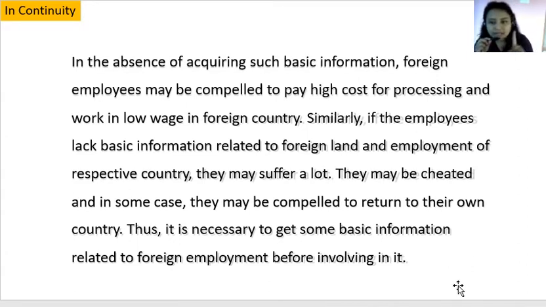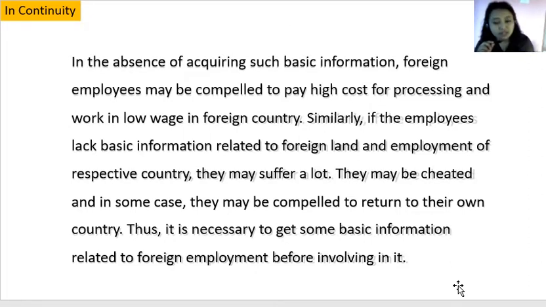You can see here, when you don't have the basic information, on one hand you go to foreign countries by paying a lot of money to your manpower companies, because manpower companies will be charging you money, no? In the documentation process and in processing your visa, they will charge a lot of money.